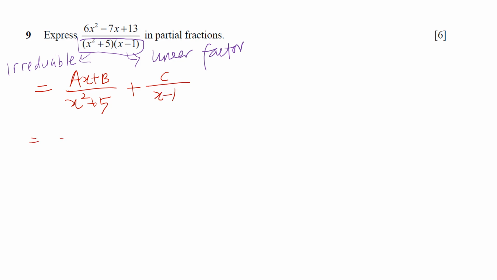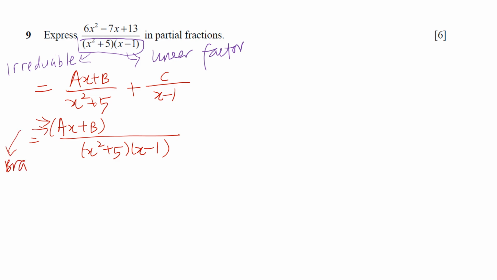And then the next thing is to combine them. If you've forgotten how to do this, I do have a video on that, please check it out. The very important thing is you need to bracket this. Multiply with bracket x, and also bracket the x minus 1, plus c bracket x squared plus 5.